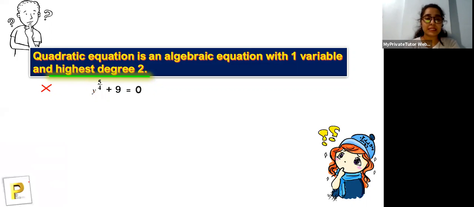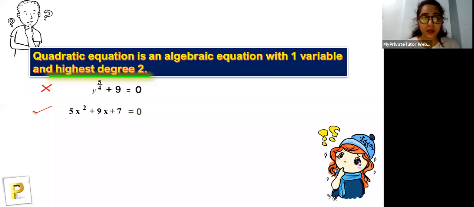Let's see another example. You have 5x squared plus 9x plus 7 is equal to 0. First of all, it is an algebraic equation, yes, because you can see the equal to sign. The second thing is variable. You can see only one variable; throughout the equation, you can only see x.